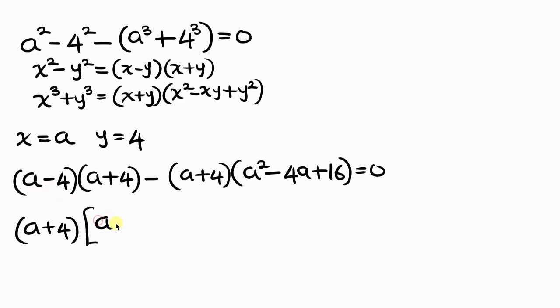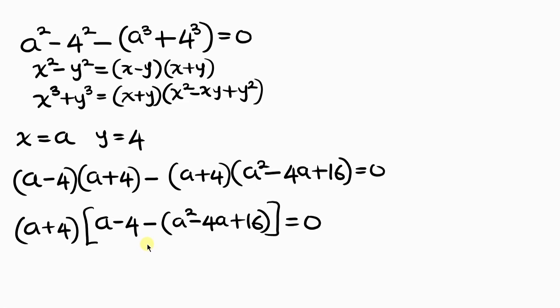So a minus 4, minus, now a plus 4 times a squared minus 4a plus 16 divided by a plus 4, we have this expression, which is a squared minus 4a plus 16. Good. And this is equal to 0.